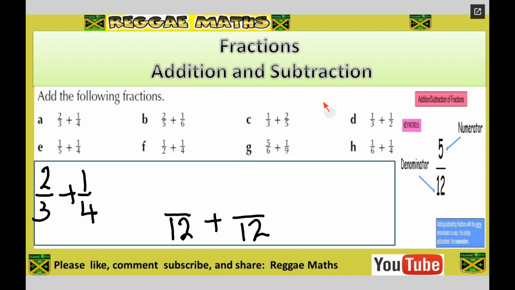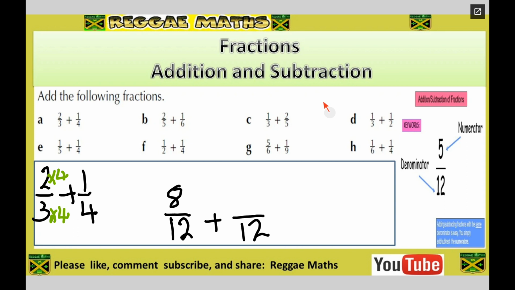I'm going to ask myself, what did I multiply 3 by to get 12? That's 4. The same thing you do to the bottom, you do to the top. The bottom is the denominator, the top is the numerator. So 4 times 3 is 12, and 2 times 4 is 8.